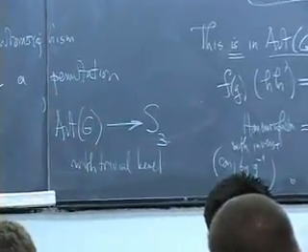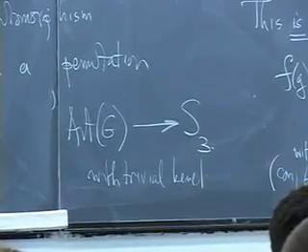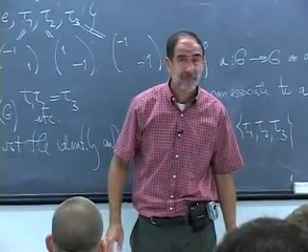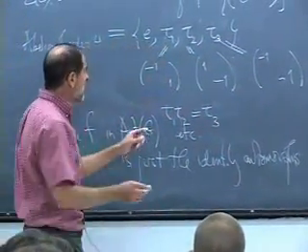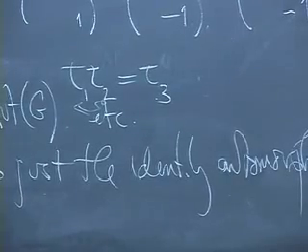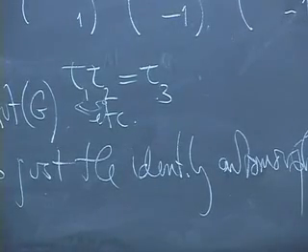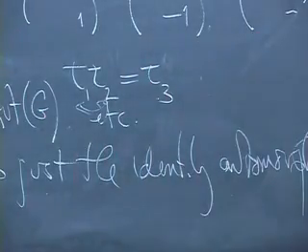No matter what permutation you write down of tau 1, tau 2, tau 3, that is an automorphism of the group. That's not obvious. That's not obvious that if I switch tau 1 and tau 2 and keep tau 3 the same, that gives me an automorphism. But in fact it is. I want you to check that. That's a little laborious. So this is trivial kernel and full image.